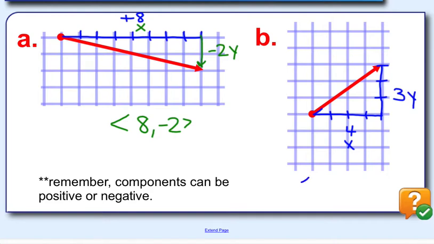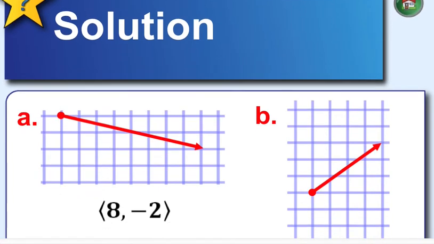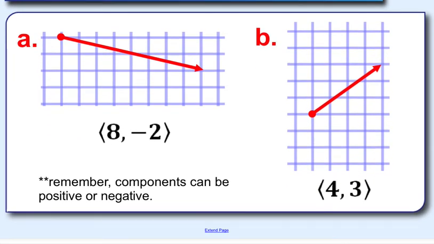So the component's going to look like this, 4, 3. And then if you want to find the distance, the magnitude, you would use your distance formula. Now we'll do that on the next examples, is find those magnitudes. All right, here's just the solution for those that we just did.